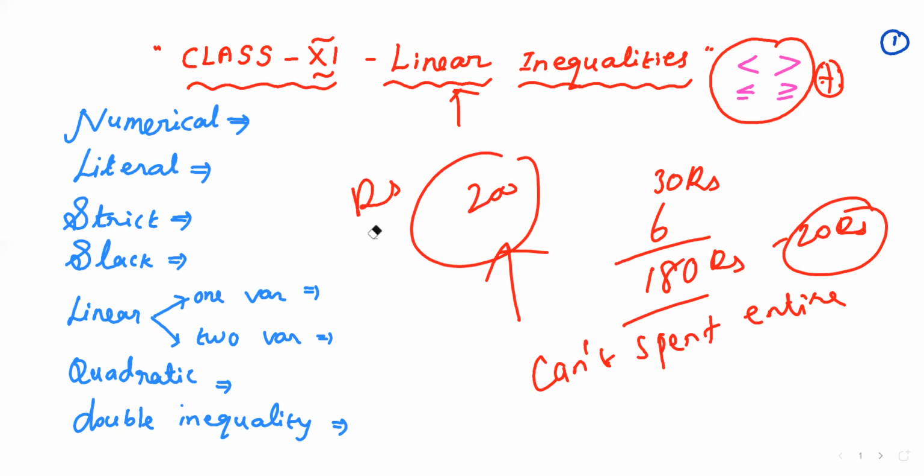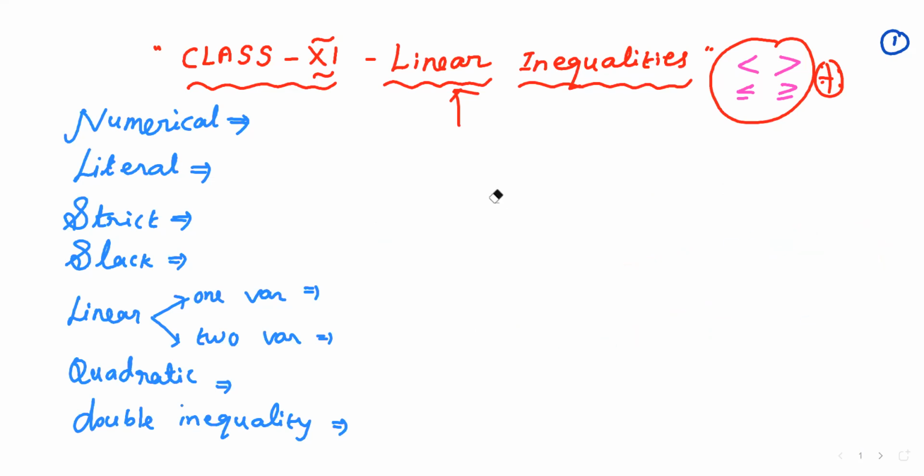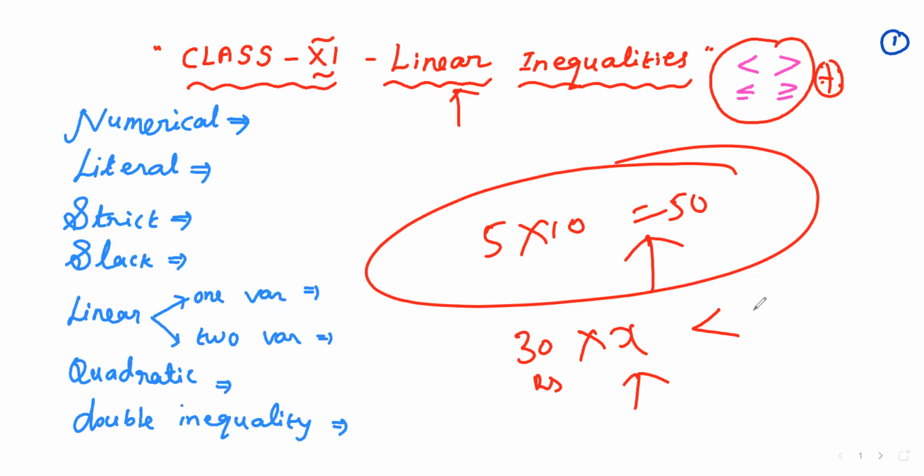Suppose you are having 50 rupees. One mango is 10 rupees. 5 into 10 mango, 50 rupees. This is an equation, satisfied. Now here, a burger is 30 rupees. How many burgers we are going to purchase is less than 200 rupees. If you buy one burger, you have 170.